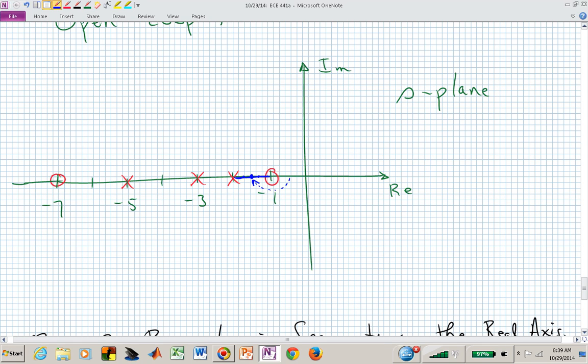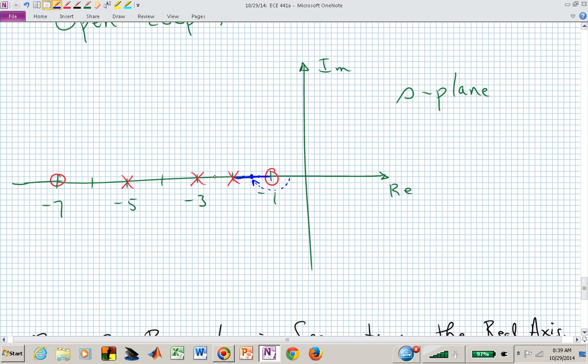What are my angles from all these other poles and zeros to the left? I don't have to move, do I? I just have to look straight or at a flat angle. Nothing. 0 degrees, 0 degrees, 0 degrees, and 0 degrees. The sum of those phases, -180. So that satisfies the phase condition. All right, is that sort of clear?